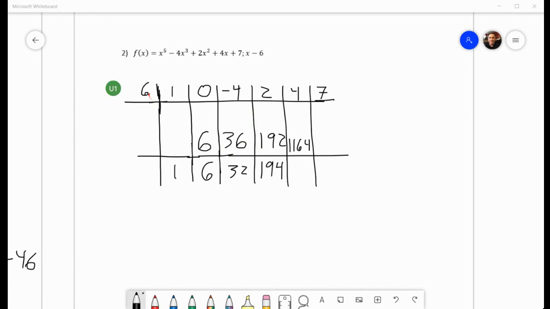From here, we add that to 4, we get 1,168. Okay, almost there. Finally, we do 6 times 1,168, and we get 7,008. And then adding it to 7, we get 7,015. That's what we get here.